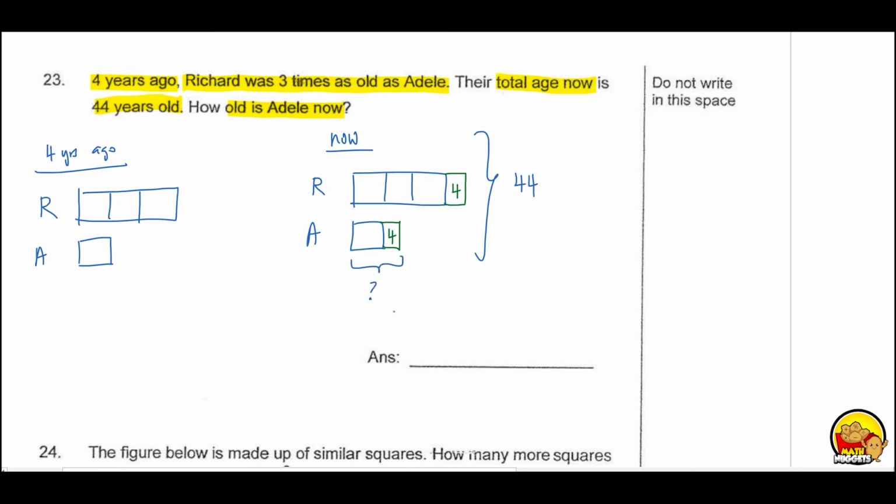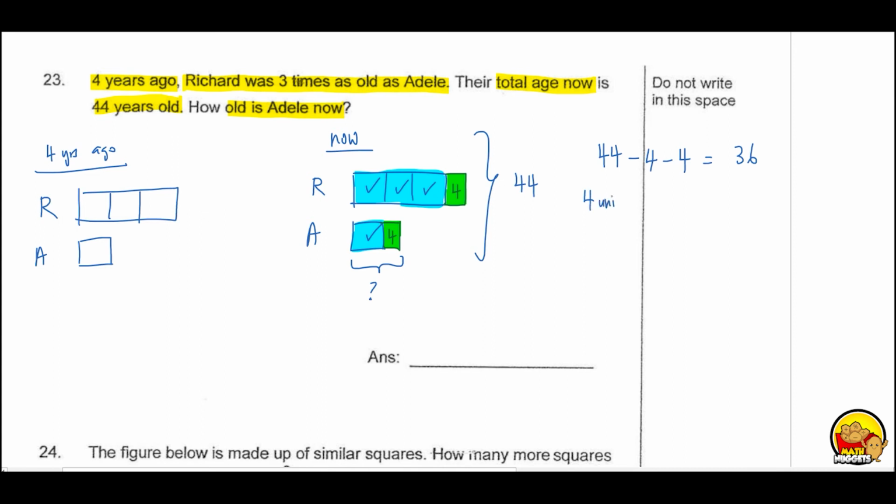So looking at your model, because this is 3 times, they are equal, right? Do you see that we got the extra parts here, the 4 that we can subtract? So I can use 44 minus 4 minus 4, that gives me 36. And 36 would be the remaining units there, which is 4 units.